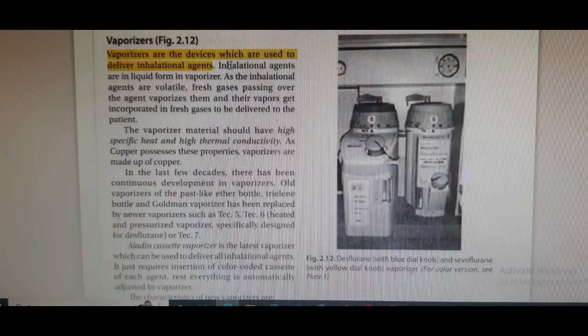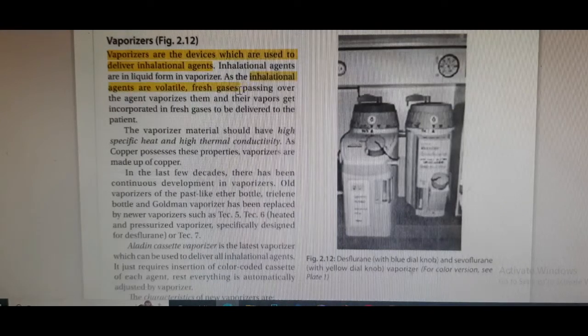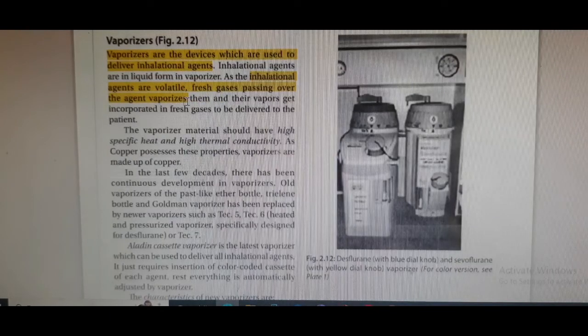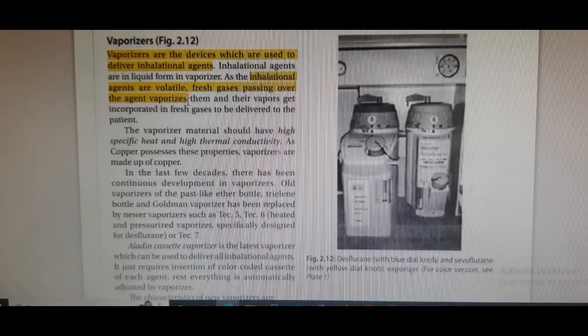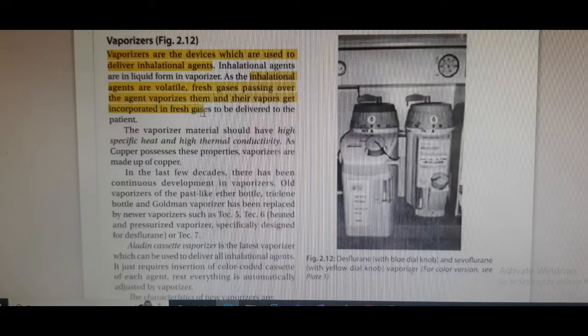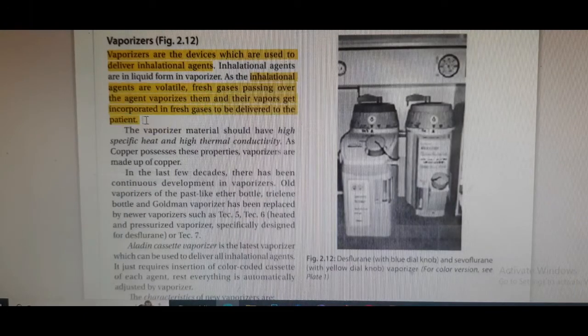The inhalation agents are usually volatile. Fresh gas passing over the agent vaporizes them, and their vapors get incorporated into the fresh gas to be delivered to the patient. Firstly, the oxygen, nitrous oxide and air together move into the machine. They cross the second pressure reducing valve. They move to the flow meters.